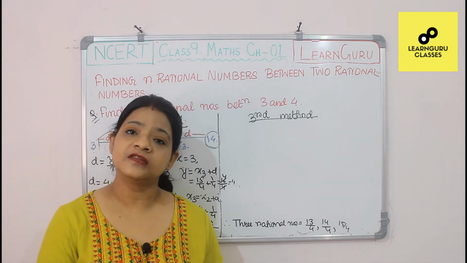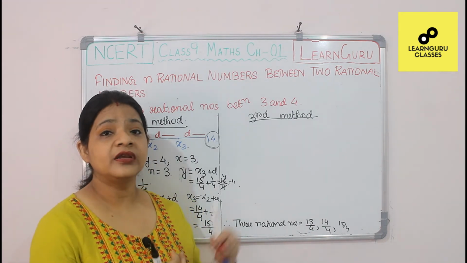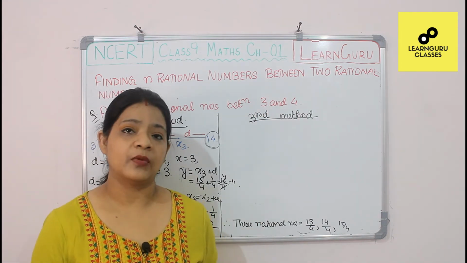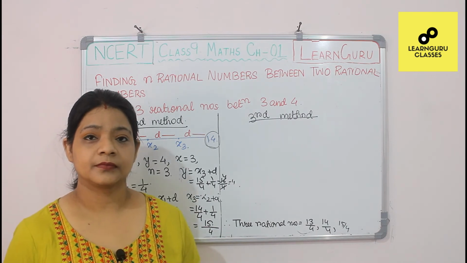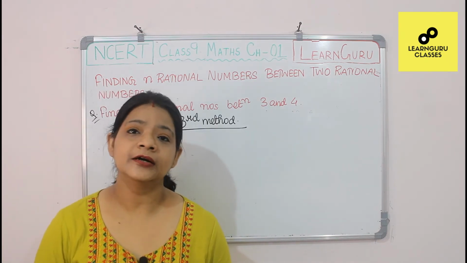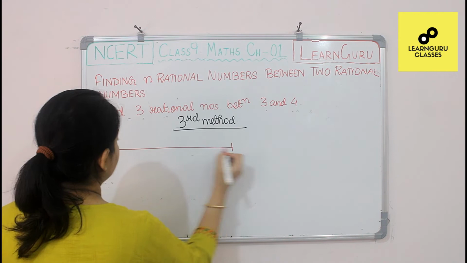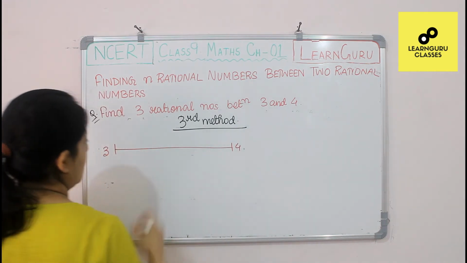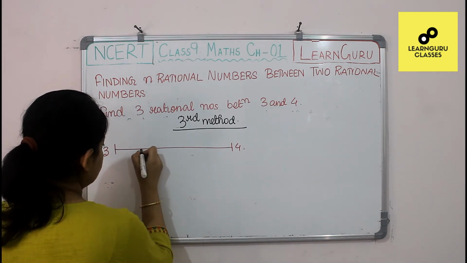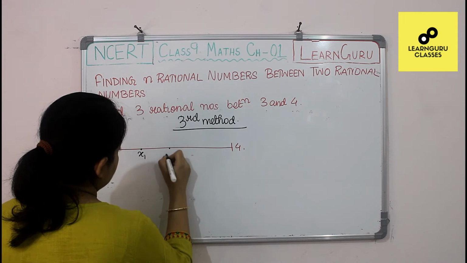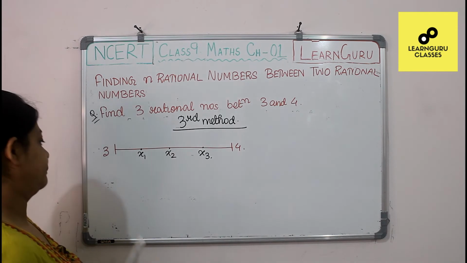The third method is also the same, but there is a slight difference: we make the denominator of both the 2 rational numbers common. So let's check how this method works. As usual, you have to draw the number line with 3 and 4, and divide the distance between 3 and 4 into 3 points. Take 3 points equidistant to one another, that is x1, x2 and x3.